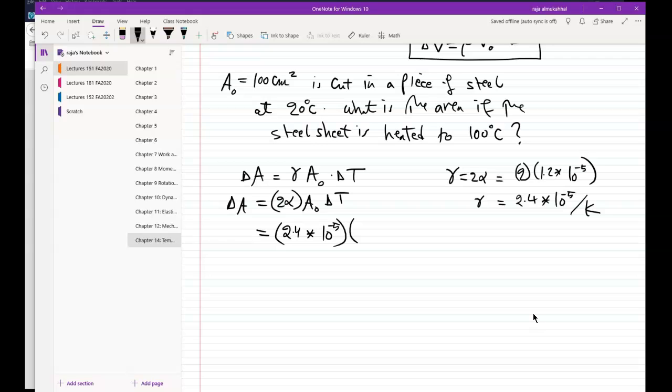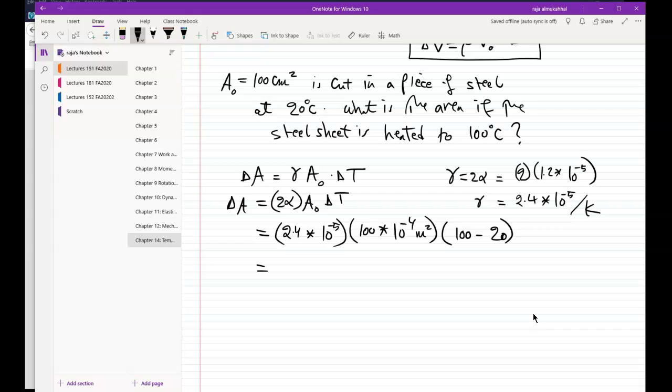I want to convert it to meters squared, so that's 100 times 10 to the negative 4 meters squared. Multiply that by the difference in temperatures. Like I said, you can convert to Kelvin and take the difference, or just take the difference directly. You're going to get the same answer. So it's just 100 minus 20. And then we calculate all that.